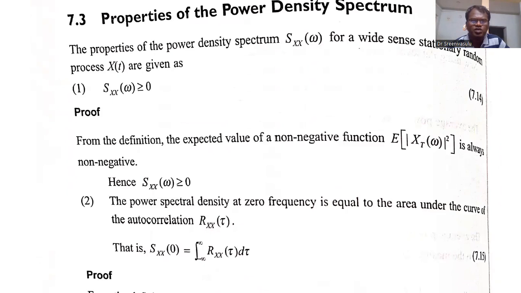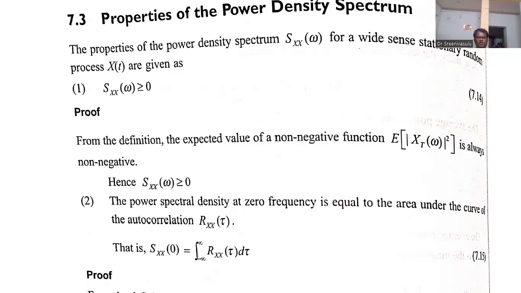Next, you see the properties of the power density spectrum. The power density spectrum Sxx of omega for a wide sense stationary process X of t is given as: Sxx of omega is always greater than or equal to 0.